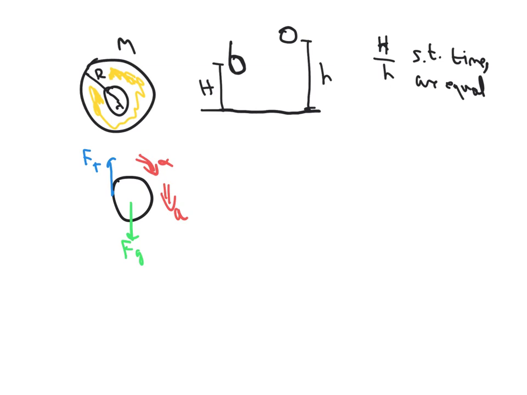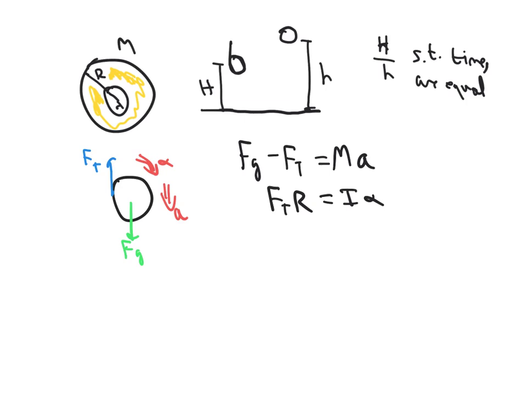So using Newton's second law in translation, we would have Fg minus Ft equals m times A. I guess we should use the correct m. So m times A. And then from the rotational equation, we use the torque equivalent to this, and we find that Ft times the outer radius is I times alpha.